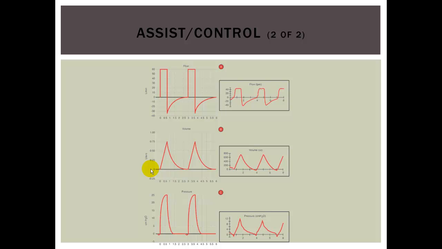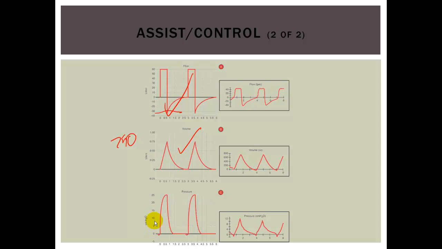And this is what assisted control mode looks like. As far as these graphs that we're looking at, these are liters per minute, so how much actual volume of air we're running through the body. And this is the amount of volume that's actually occurring in liters. So this is 750 milliliters, because we'll look at these in other ventilatory modes as well.